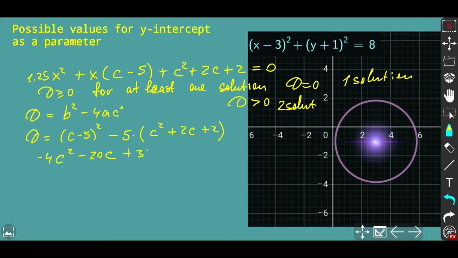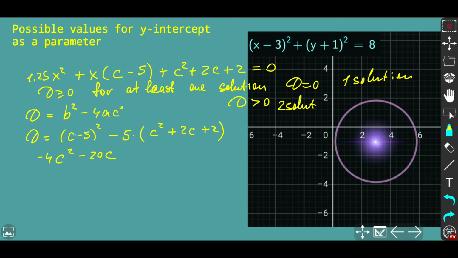I hope it's correct. And finally, let me see, 25, maybe not. Let's play with numbers. So minus 4c squared, and here is going to be minus 20c.